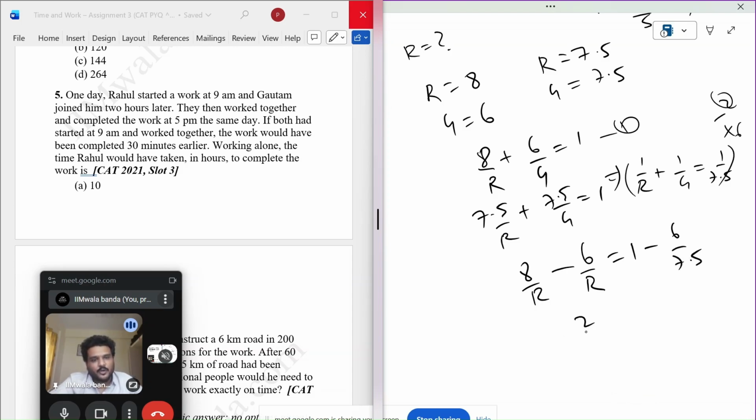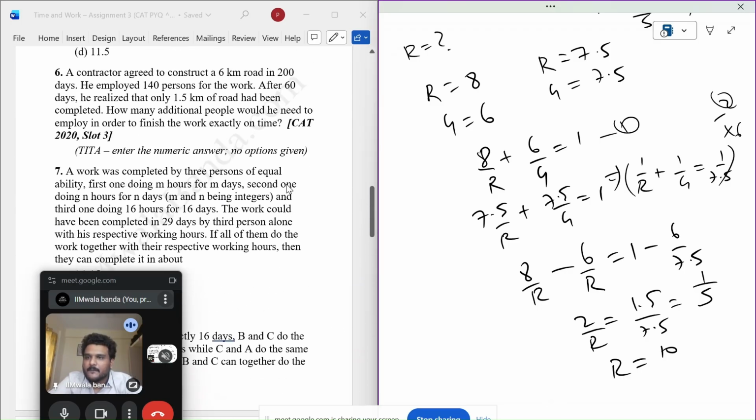So this becomes what? 2 by R. This becomes 7.5 minus 6 is 1.5 upon 7.5, or 15, 30, 60, 75. So 1 by 5 this is. So R is basically 10. And that's the answer, fifth A.